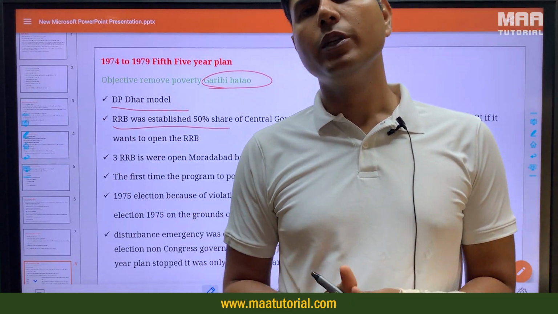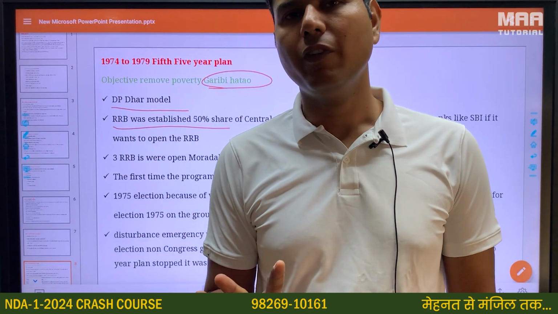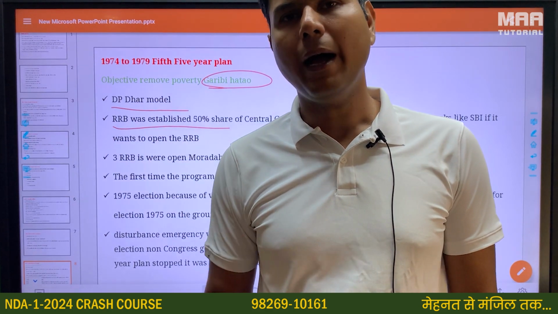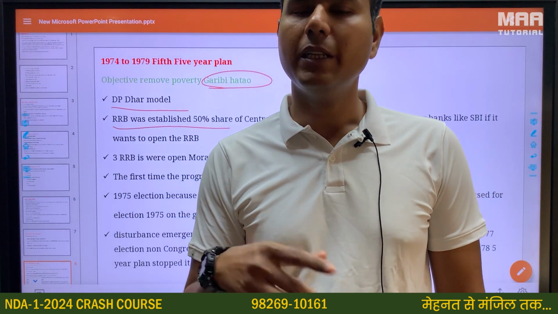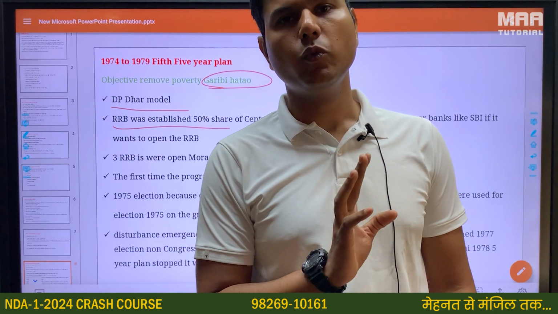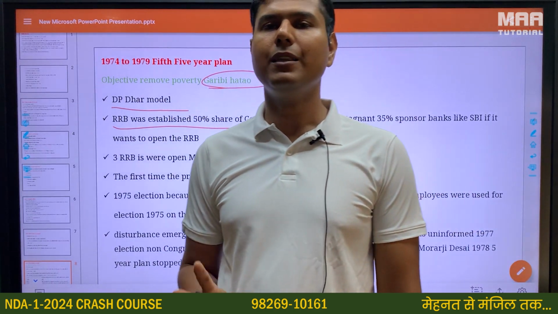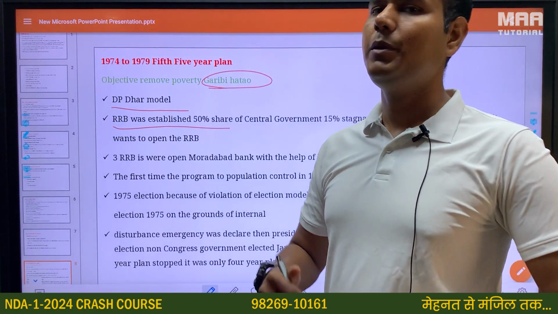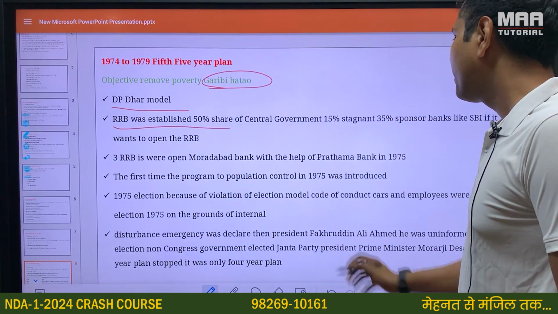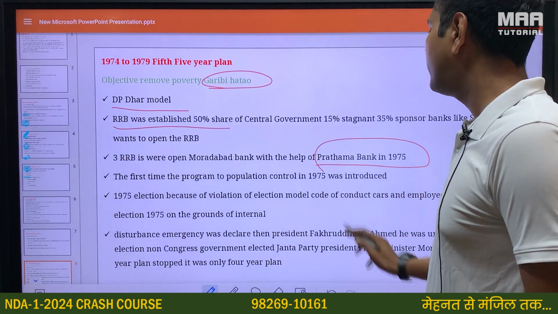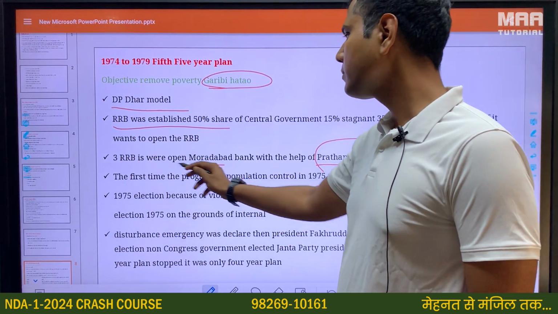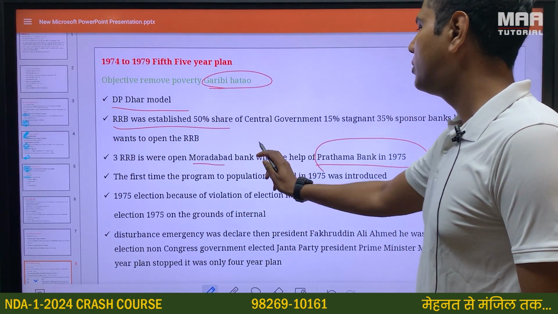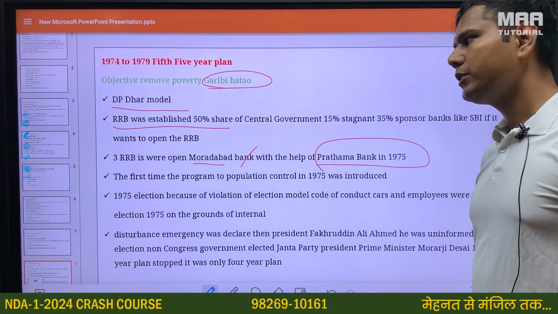What the government would do is provide 50% of the financial resources to open the bank. 15% would be provided by the state government and 35% would be provided by the sponsor bank, in this example SBI. So new RRBs would be established. Prathama Bank was established in 1975 in Muradabad.